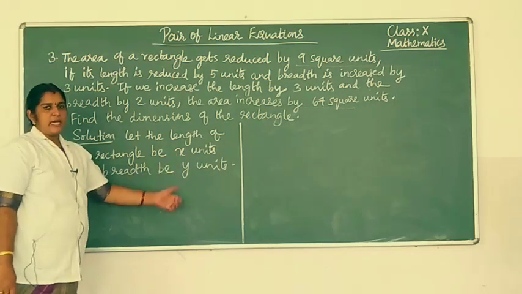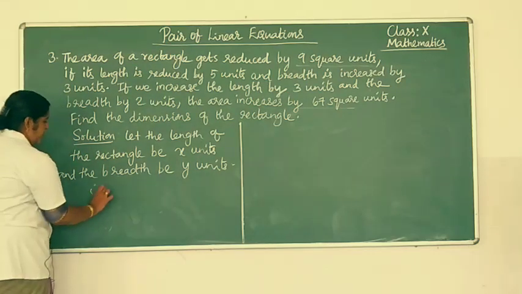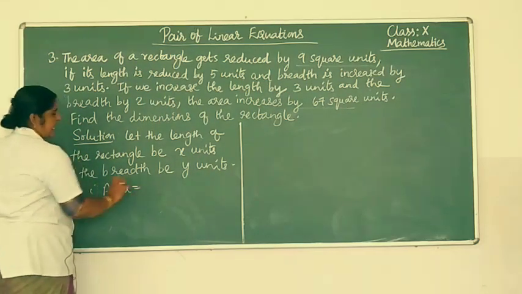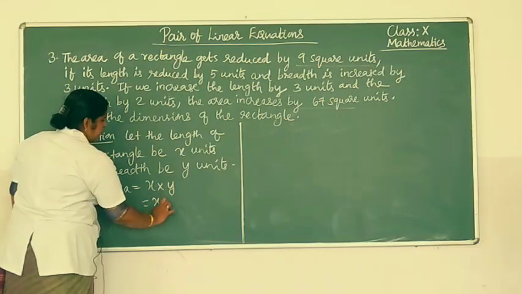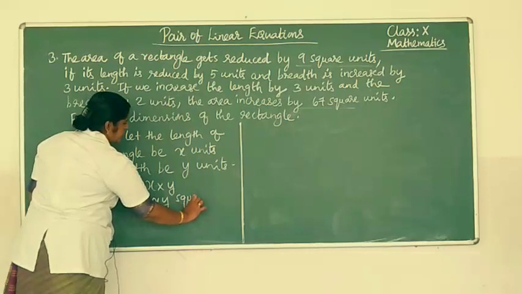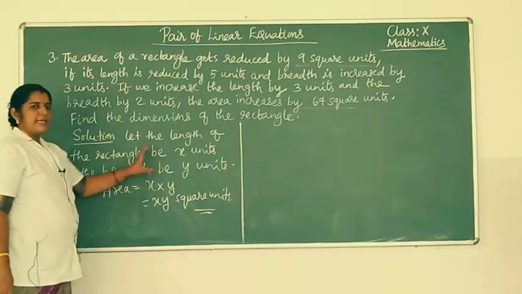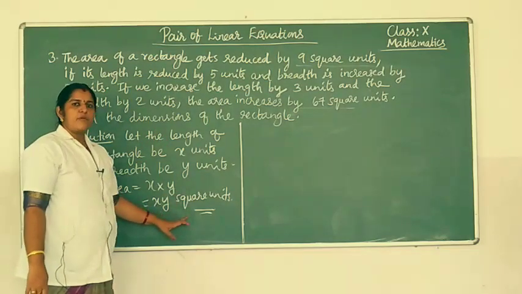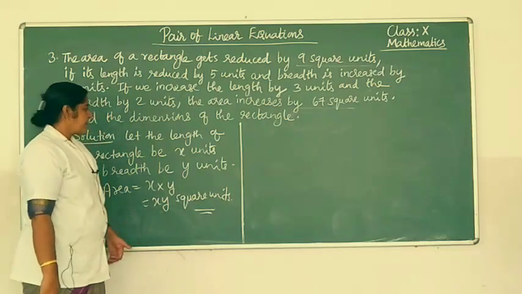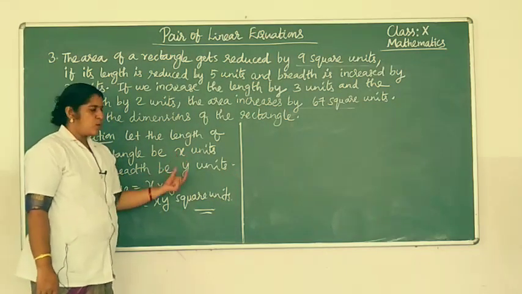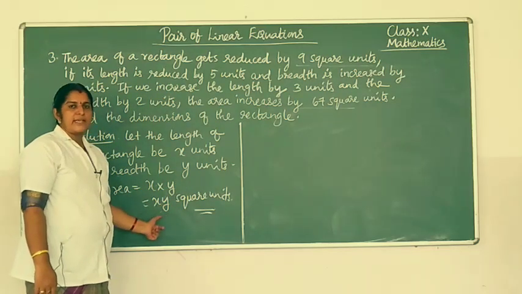When x and y are the length and breadth of the rectangle, what about the area? We know the area formula is L into B, so here x into y, that is xy square units. These are the things we need to write before we go to solving the equations. So x is considered as length, y is considered as breadth, and the area of the rectangle is xy.